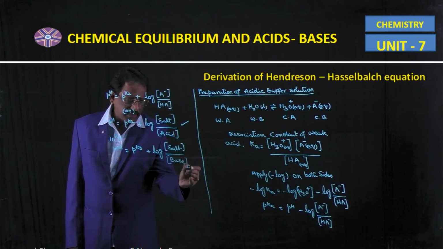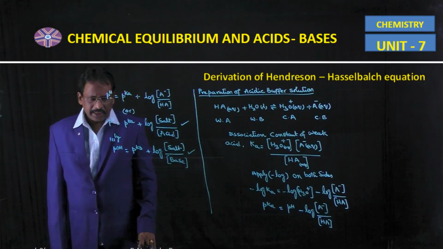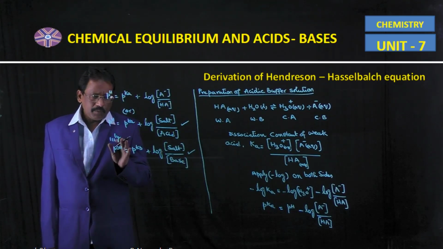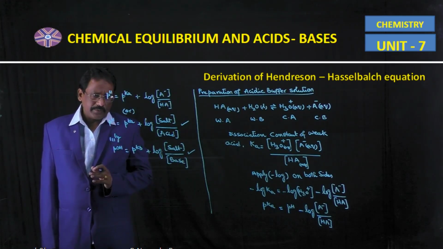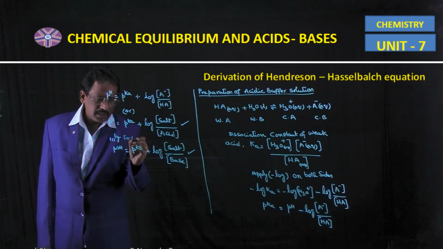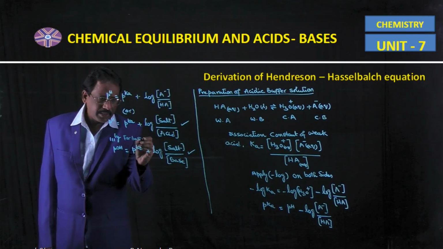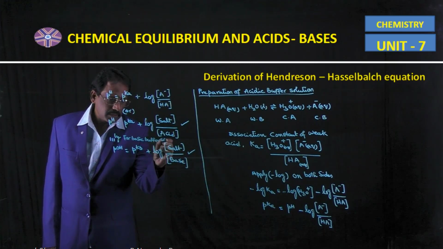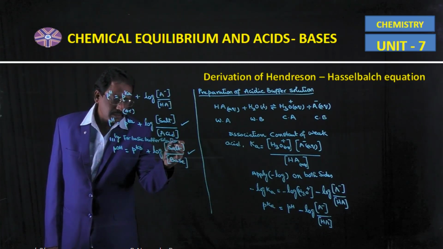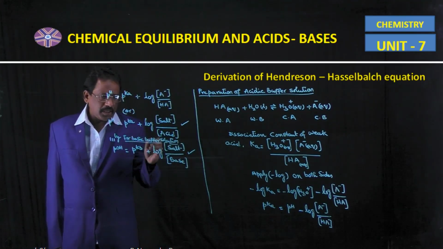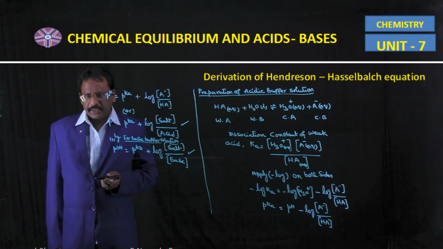The best example for a basic buffer solution is the mixture of ammonium hydroxide and ammonium chloride. So this is the formula used to calculate the pOH of the basic buffer solution: pOH is equal to pKb plus log of salt by base.